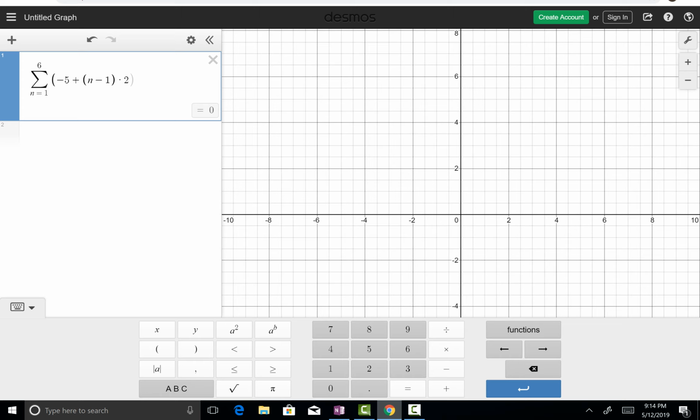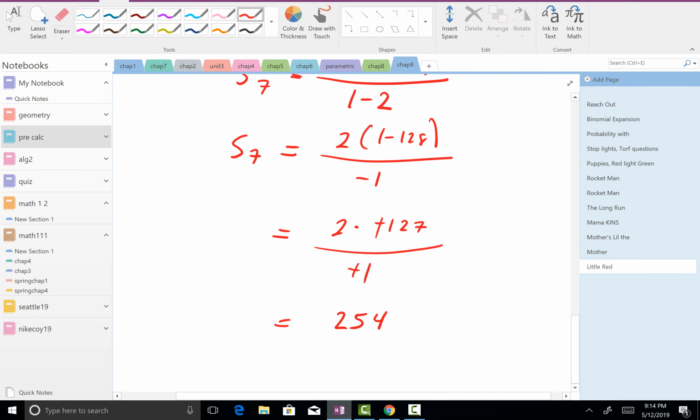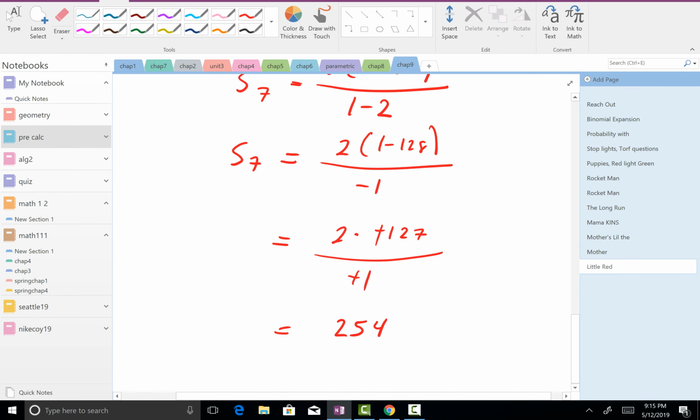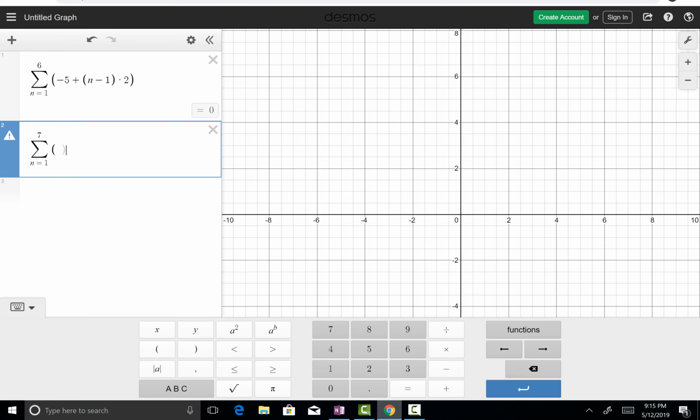Now again, we can do this, right? We can go here, okay? As long as we know what the formula is, we can find it out. So 7, I think it was 7, right? So it's geometric. So we know that was the first term, which was 2 times the ratio, which is 2 to the 7th. And let's see, did I get that right? No, n minus 1. Whoops.